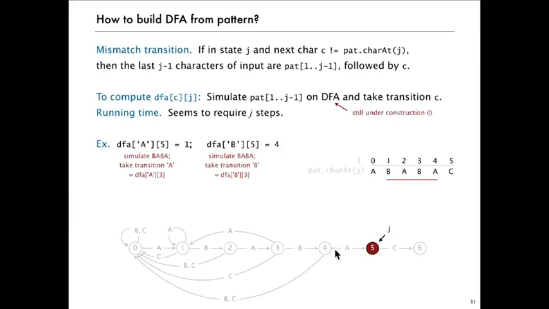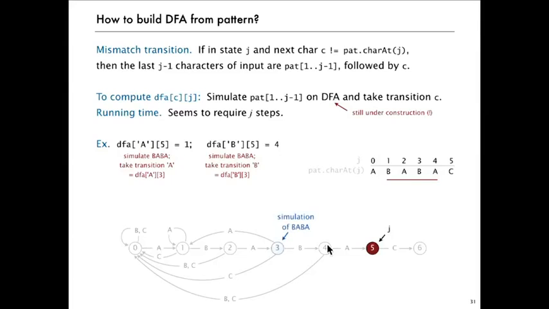So again, to summarize, if we're in state 5 and we see a C, we know that's a match, we go to 6. If we see an A, we know that the previous 5 characters in the text were BA, A. So we can just simulate the machine on BA, and we're in state 1. And if we get a mismatch that's a B, then we know that the previous 5 characters in the text were BA, BA, B, and that would put us in state 4.